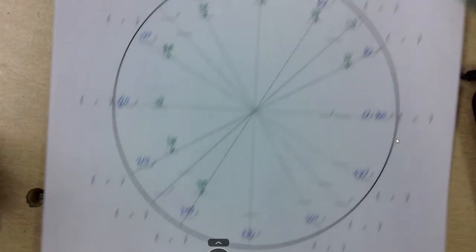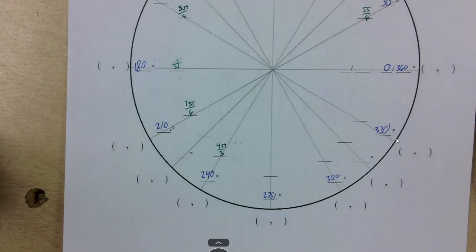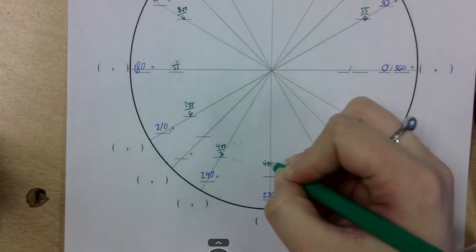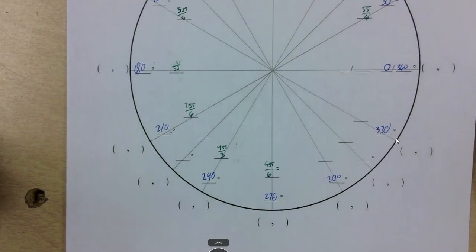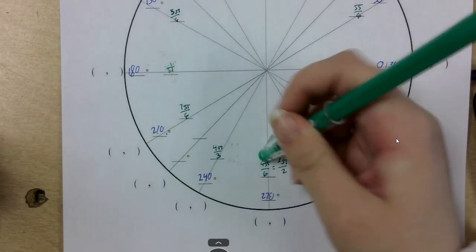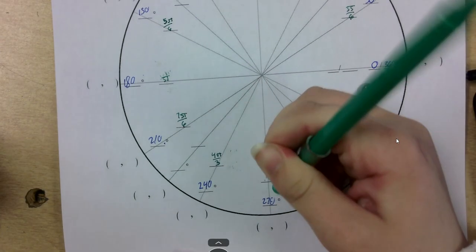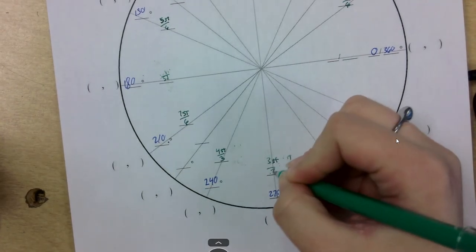So I'm at 270 degrees. Yep, 9 pi 6. And can you simplify that down for me? That fraction. Yeah, 3 pi halves. So let's write the 3 pi halves, the simplified version. So we got 3 pi halves.